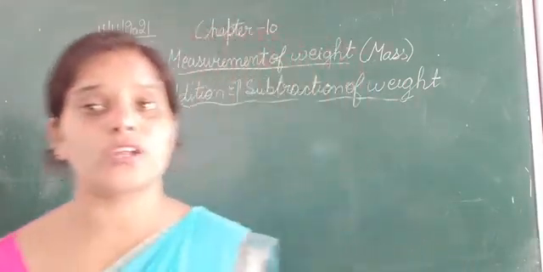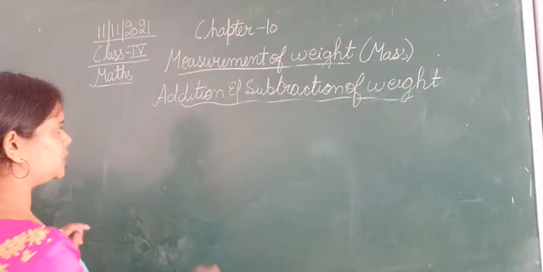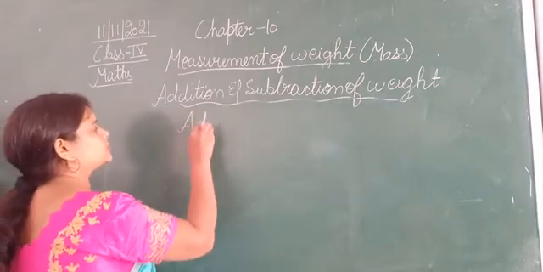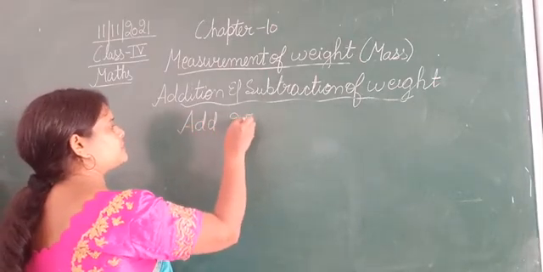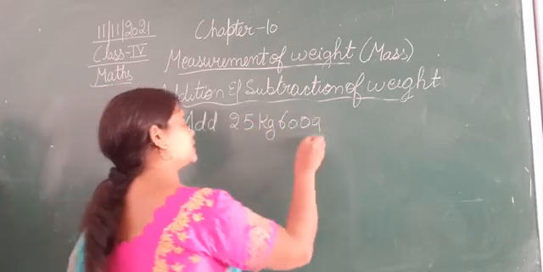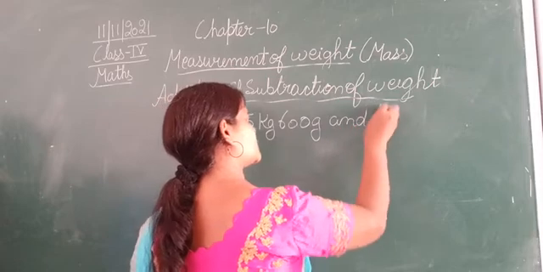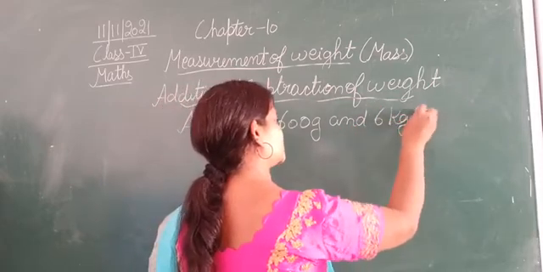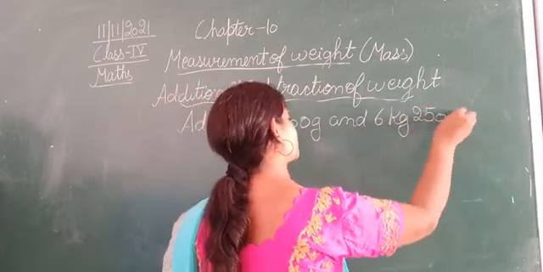I'm just giving you an example. Suppose you need to add 25 kg 600 gram and 6 kg 250 grams.